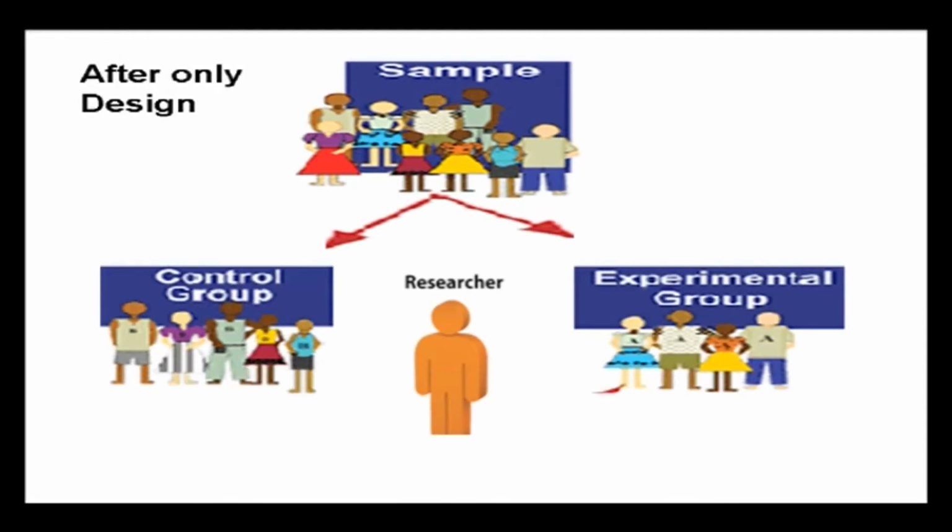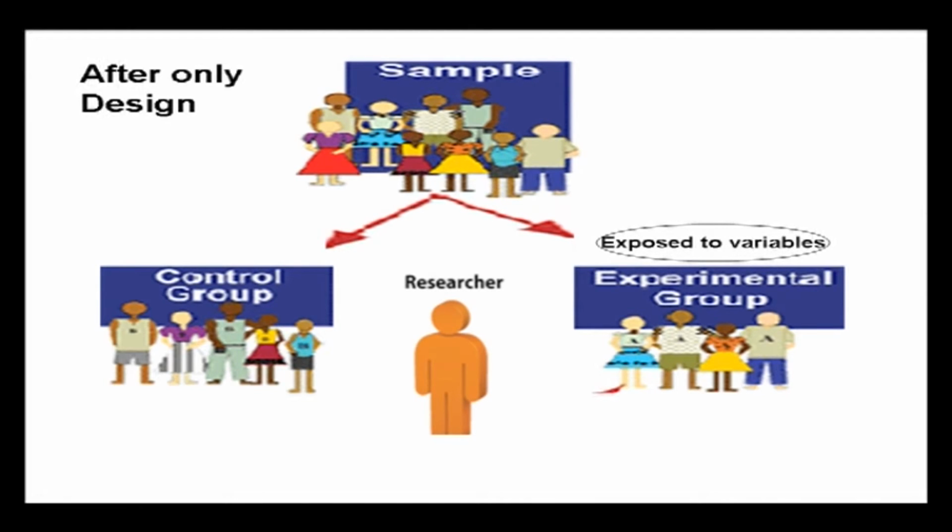Individual subjects are randomized to make two groups. These two groups are not measured with respect to the dependent variable before the exposure to the experimental variable. The experimental group is exposed to the experimental variable now.